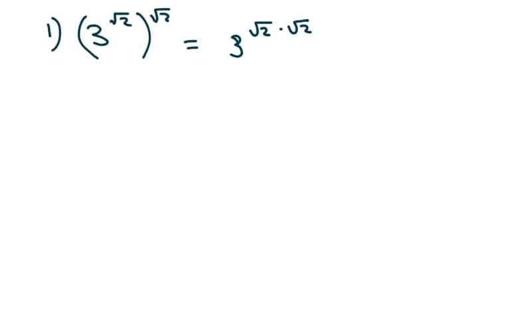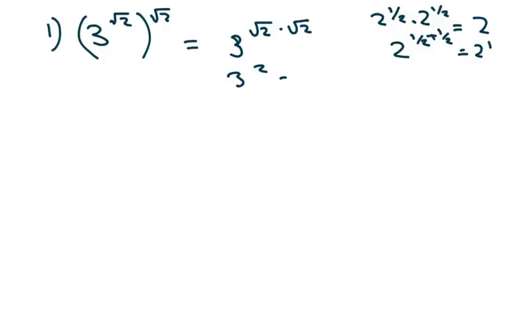So basically this is like saying 2 to the 1/2 times 2 to the 1/2. These are exponents, which is just going to be 2, because you add those: 2 to the 1/2 plus 1/2, which equals 2 to the first power. So this is just going to be 3 squared, which equals 9.